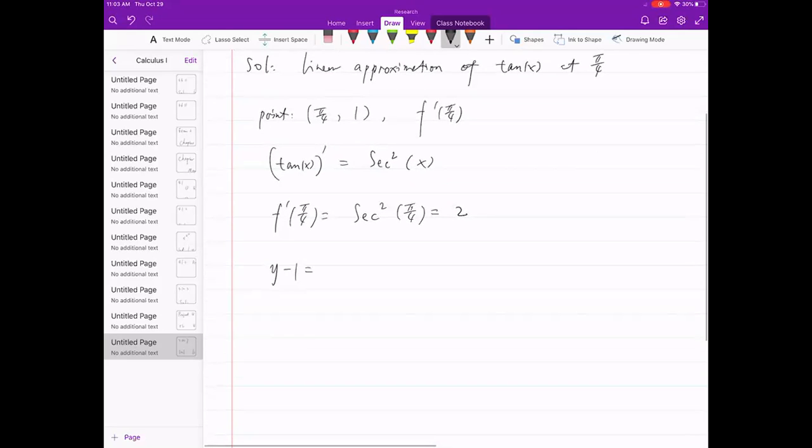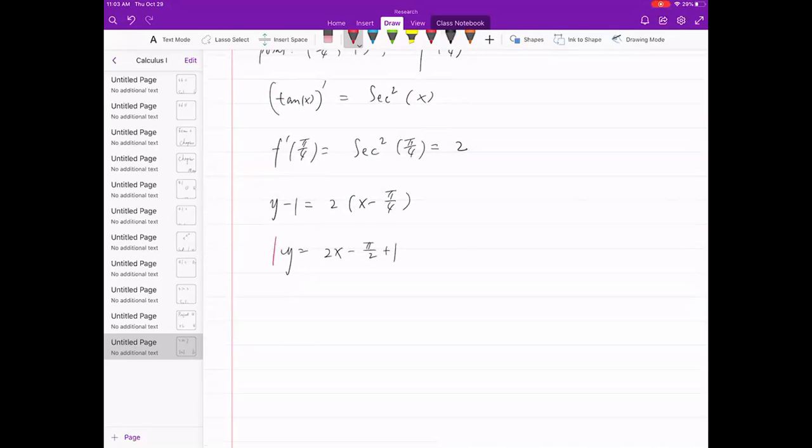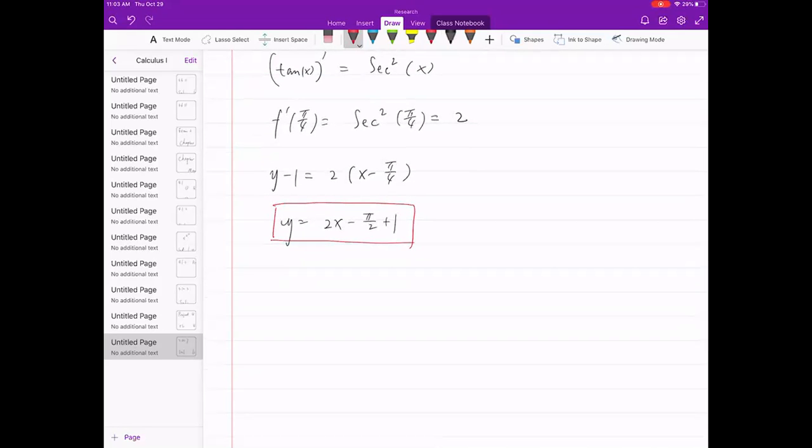So y minus 1 equals 2 times x minus pi over 4. Clean things a little bit. That's the linear approximation at pi over 4, which is 45 degrees. If that is good, now you just want to plug in 41 degree. And again, keep in mind, you don't want to do degree, you want to do radian.